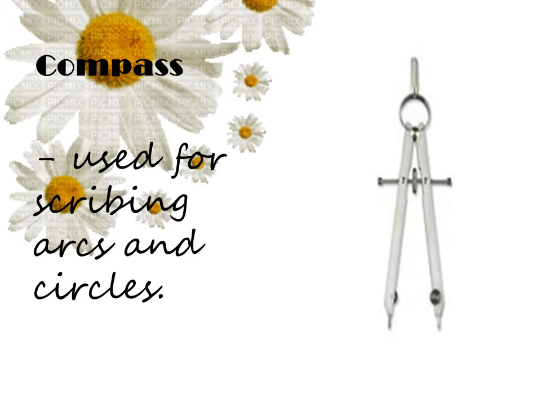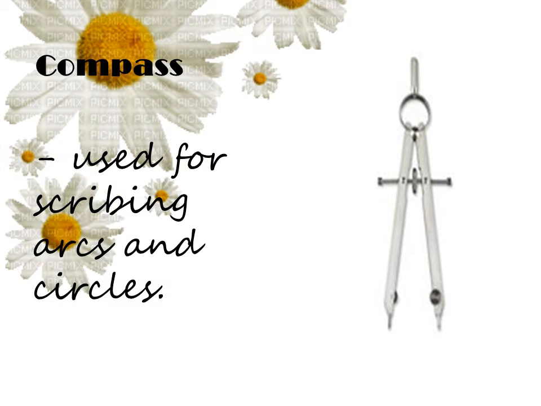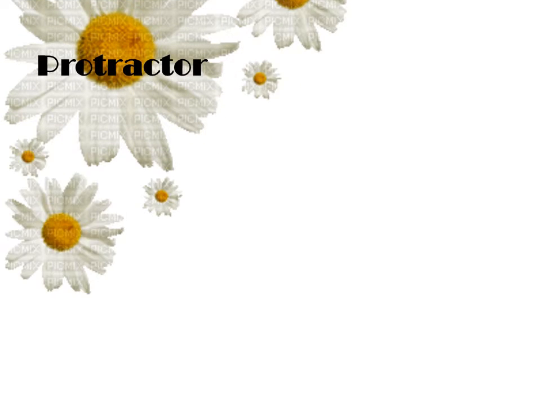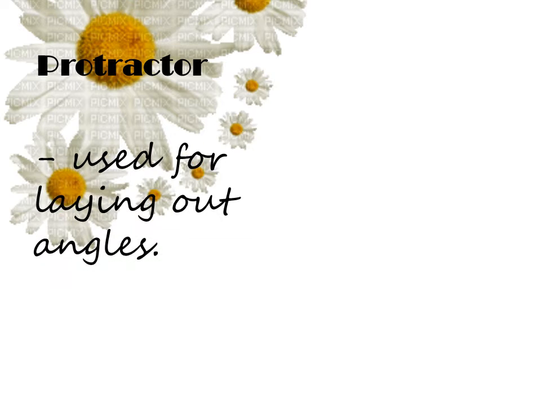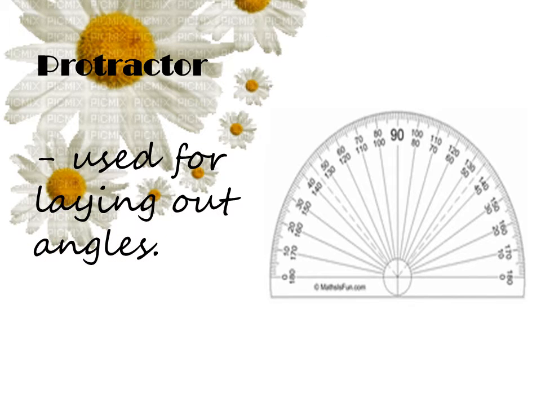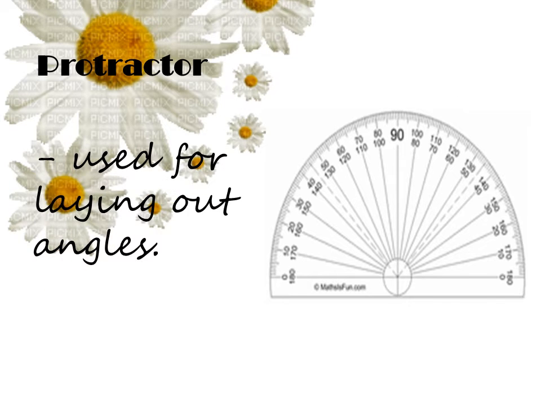It is used for scribing arcs and circles. We use this for making circles or arcs. Next, we have the protractor. It is used for laying out angles. This is an example of a protractor.